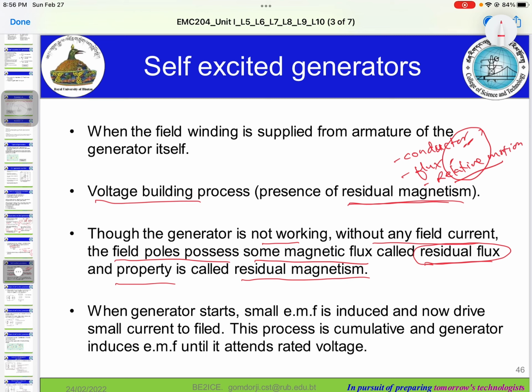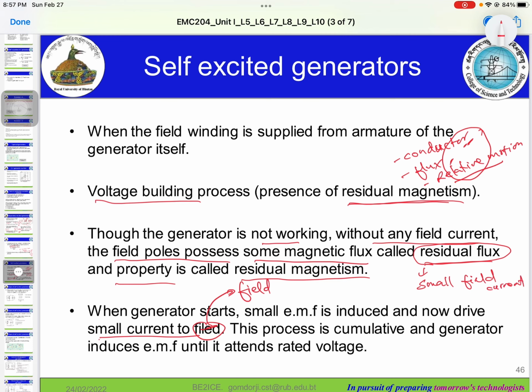Now here you have a small current induced in the armature conductor, so that small EMF will drive current to the field. Okay, this is the field. The small current induced in the armature conductor is supplied to the field. On top of the residual flux, it is now adding the small field current.